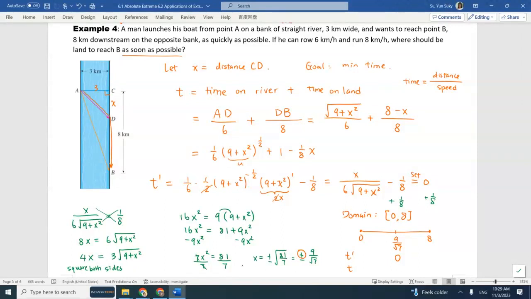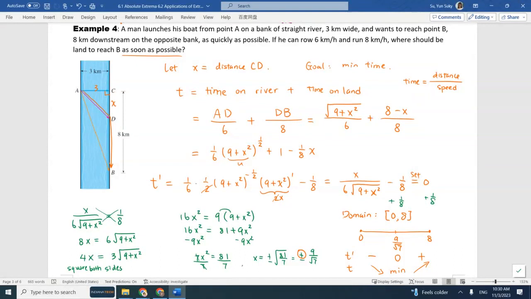This is 0, so we get a negative. Okay. And then, if you plug in 8, hopefully this thing will be bigger than 1 over 8. So you get positive. So increasing or decreasing? Decrease and then increase. Oh, you see that is the minimum.